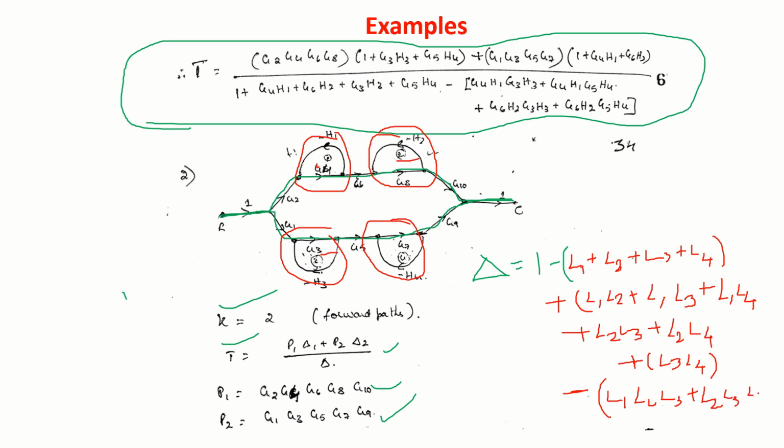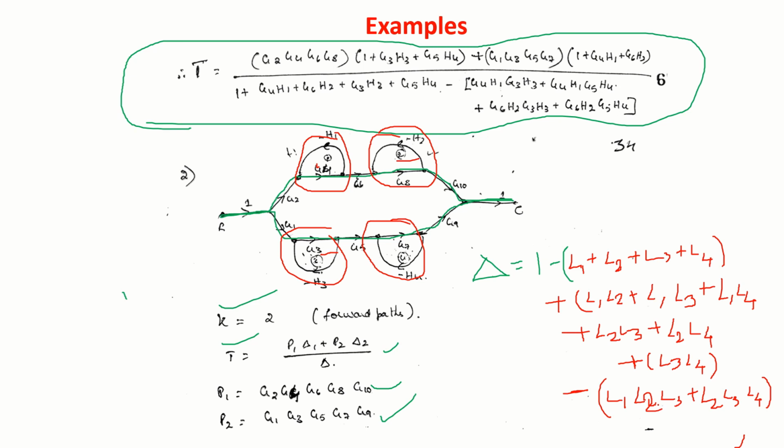L3, L4, L1. L1, L2, L3, one thing. L1, L2, L4. Okay, 3 non-touching: L1, L2, L3. Here I have L1, L2, L3, fine.